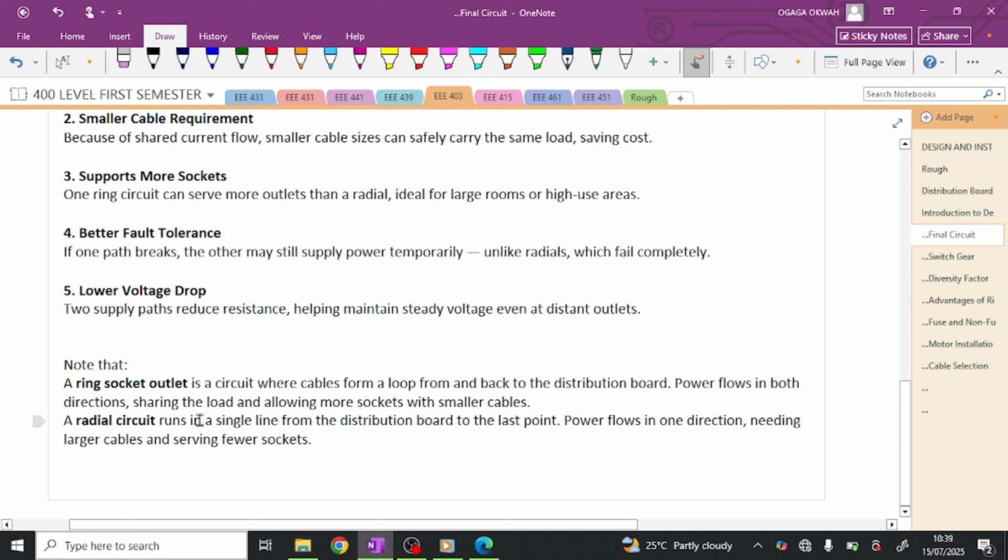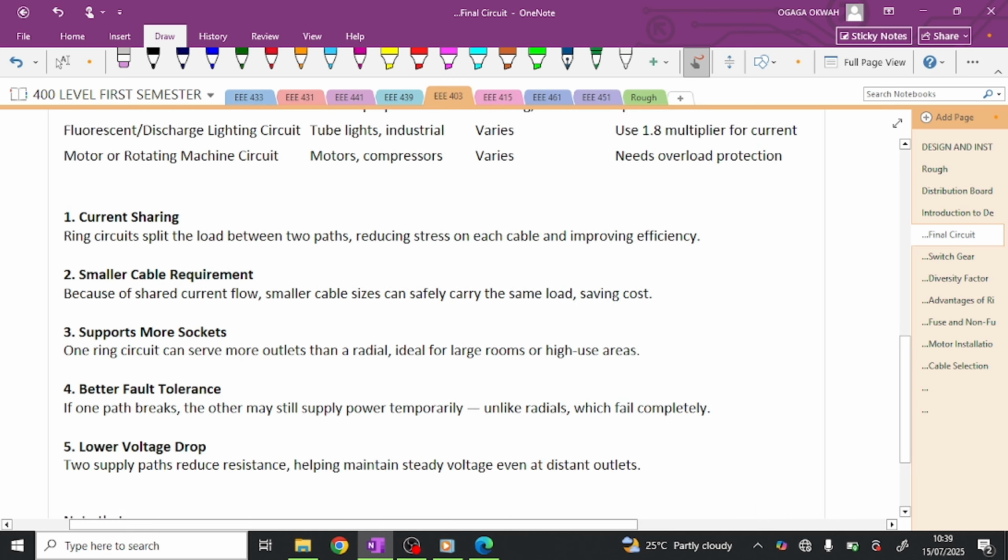This shares the load and allows more sockets with smaller cables. But for radial, the circuit runs in a single line from the distribution board to the last point, so power flows in one direction, needing larger cables and serving few sockets. So the main difference is that in ring, power flows in both directions, while in radial, power flows in one direction.